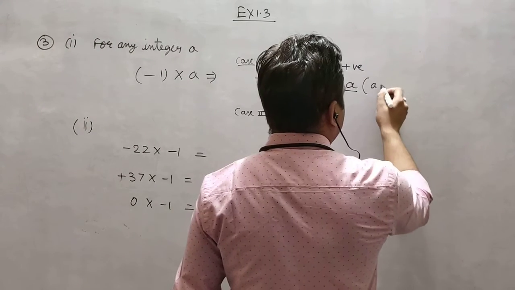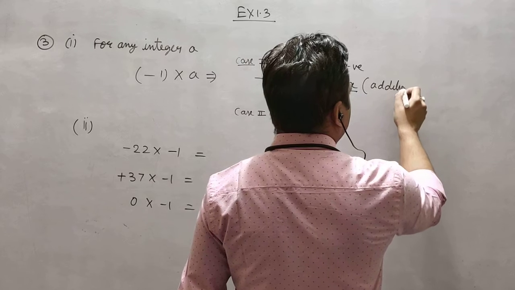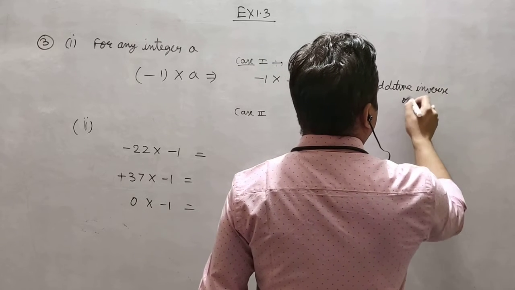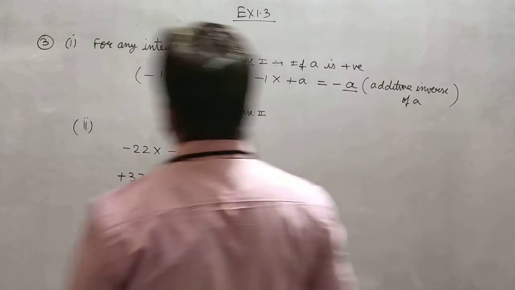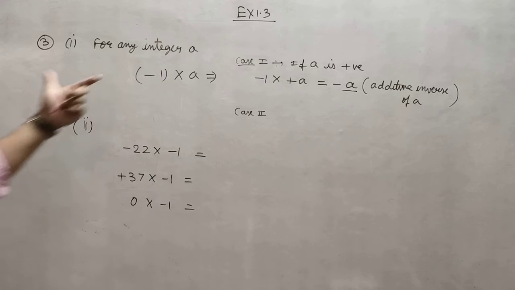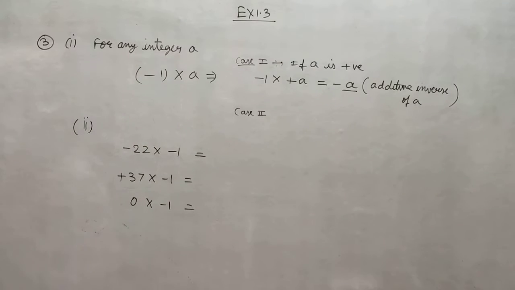So we can write it is the additive inverse of a. It means after multiplying by minus 1 any integer, we are getting the additive inverse of that integer. This is the meaning of this particular product.